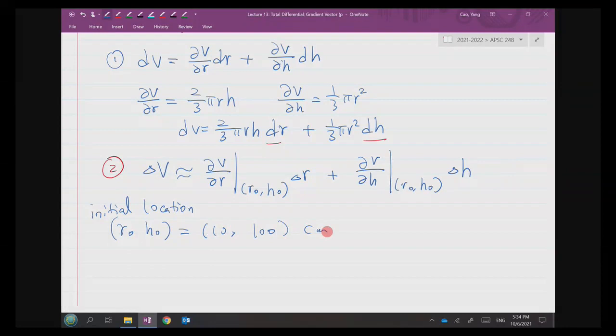Now we figure out r naught, h naught, and we can calculate partial V over partial r at 10 and 100. Here is your partial V over partial r. You just substitute 10 over here, 100 over there, and then do the calculation.